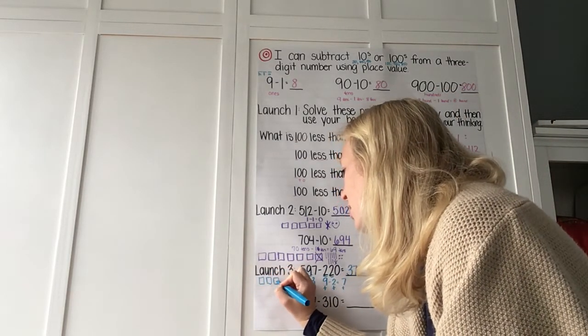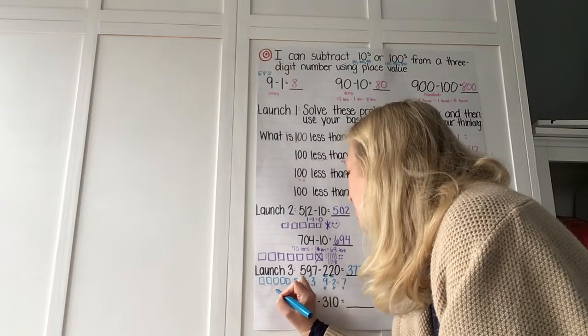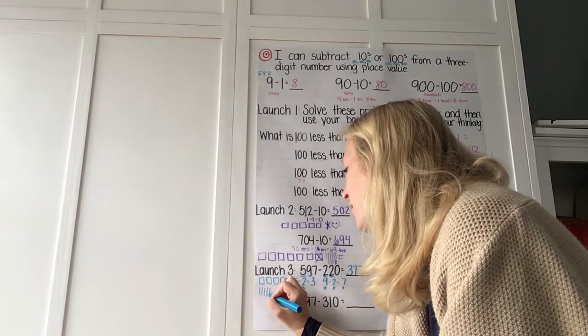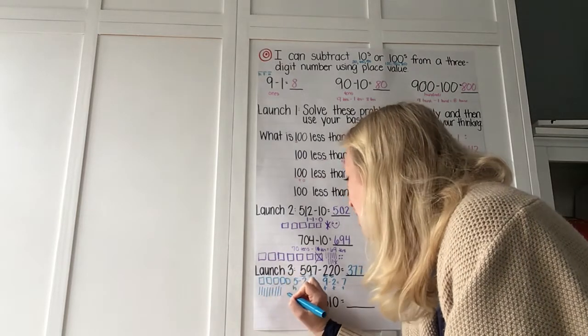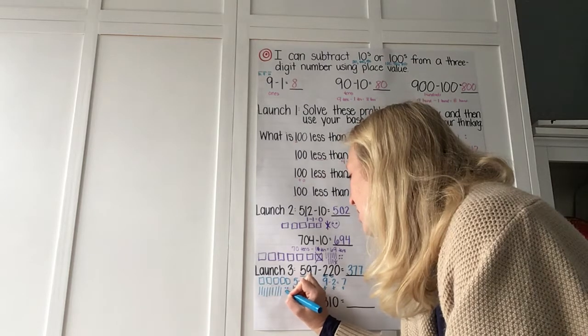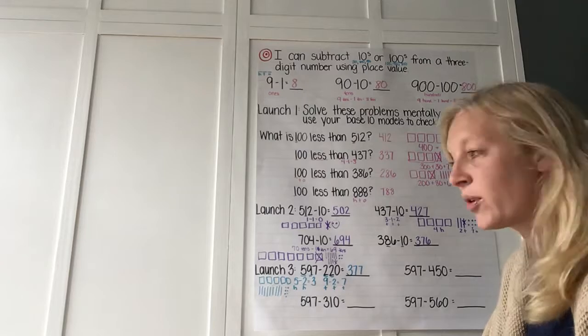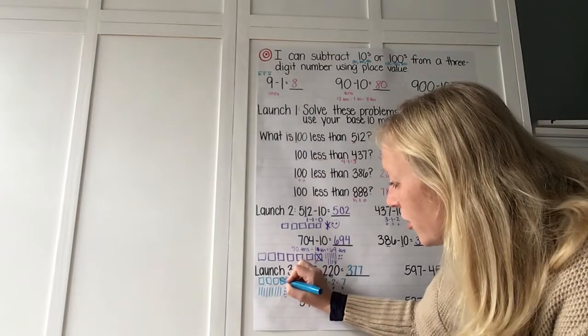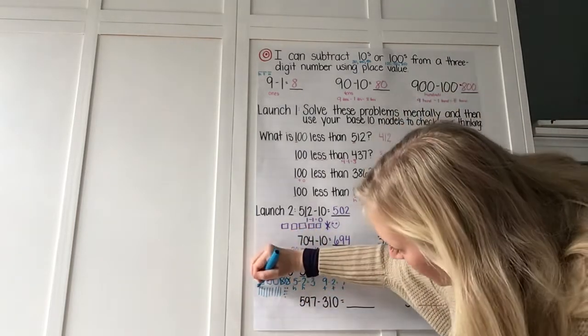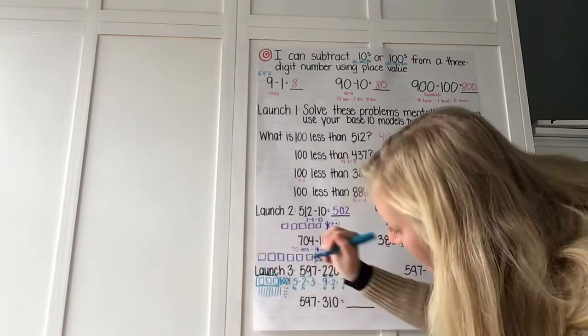So let's work it out. What do we notice? 500s, 10, 20, 30, 40, 50, 60, 70, 80, 90, 9 tens, and then we have our 7 ones. So when you're taking away 200, what are you doing? 100, 200. Do you still have 300 left over? Yep.